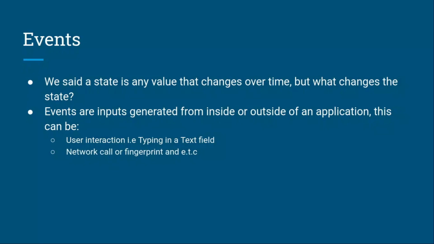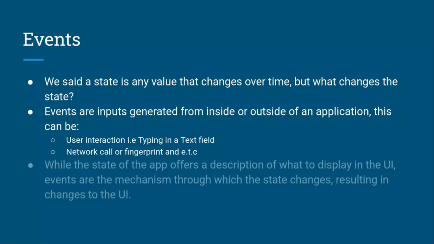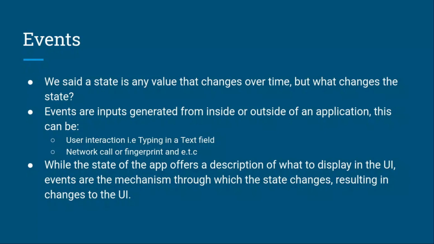Or we can have a network call, and that network call is going to return us a result, and we are going to change a state from initial state to a new state, and thus we have to change the UI. While the state of the app offers a description of what to display in the UI, events are just the mechanism through which the state changes, resulting in changes of UI.